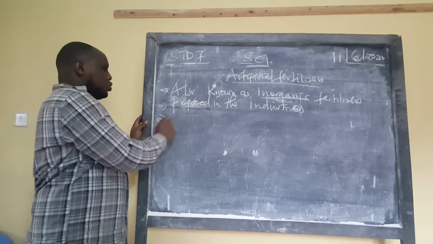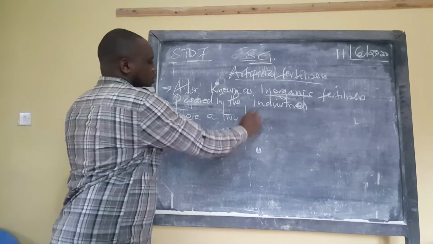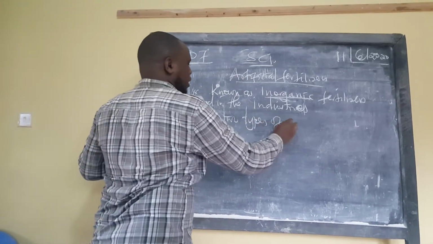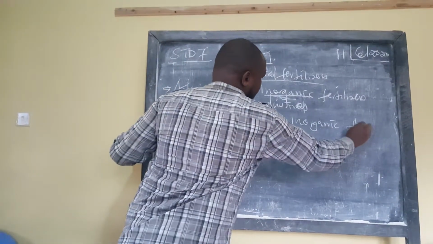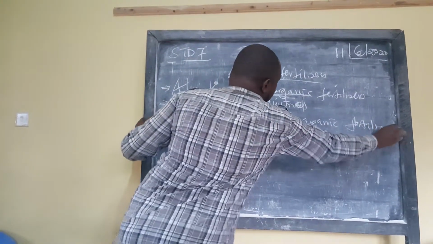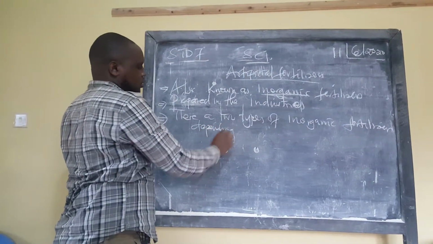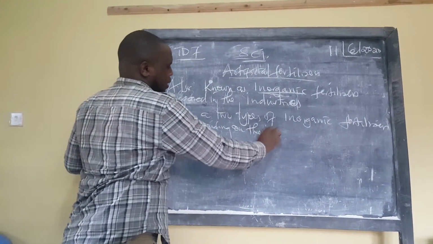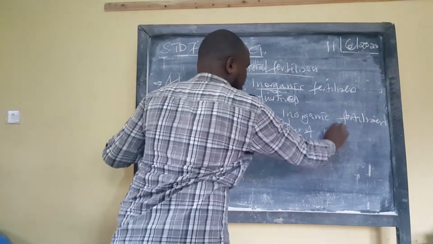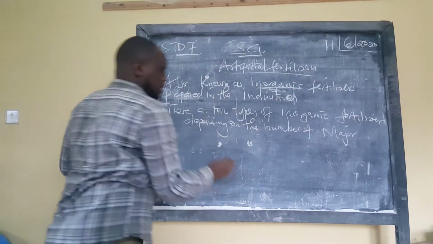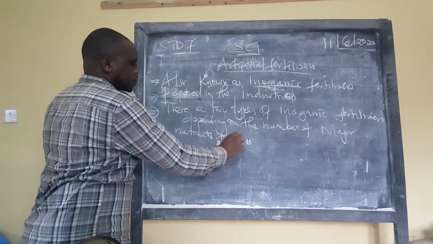So they are divided into two. There are two types of inorganic fertilizers, depending on the number of major nutrients found in them.